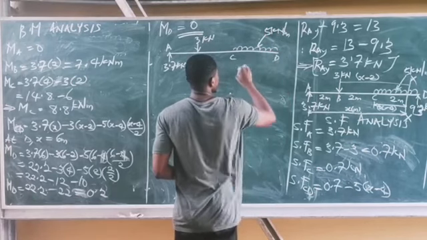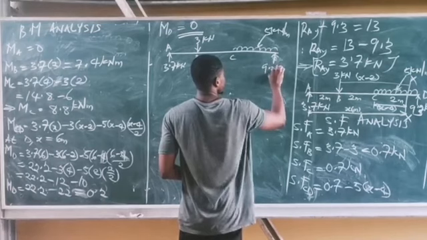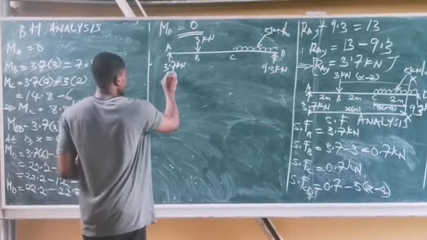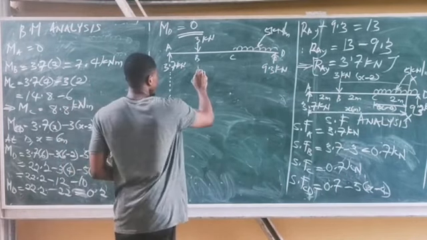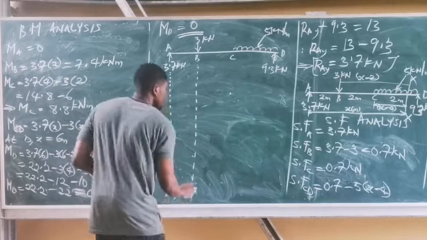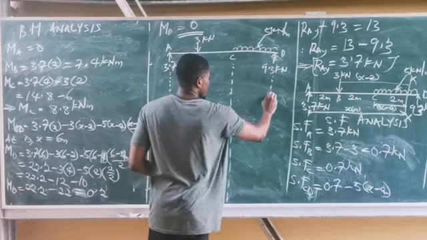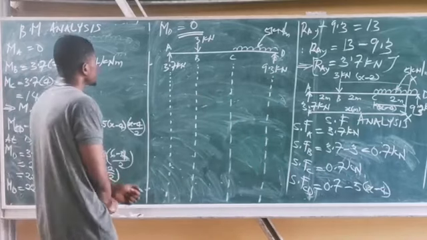At point D, there is an upward force of 9.3 kilonewtons. So always trace down all the forces or all the points, so you make it look like a graph.